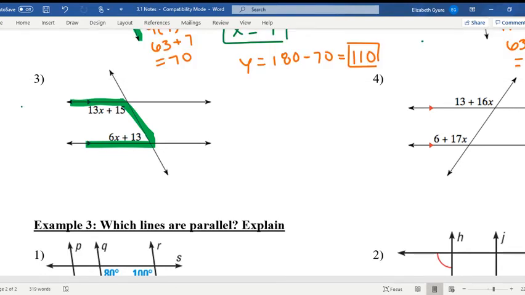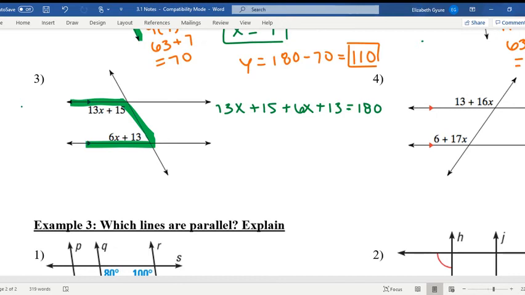180. So what you're going to do in this situation is add them up and set them equal to 180. So 13x plus 15 plus 6x plus 13 equals 180. Now, be careful on these. I've seen a few silly algebra mistakes here where people are subtracting things from one side of the equal sign.